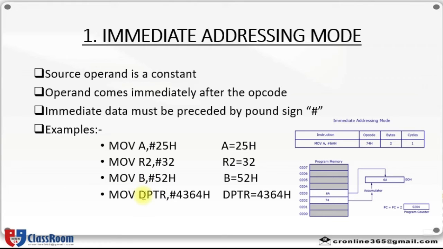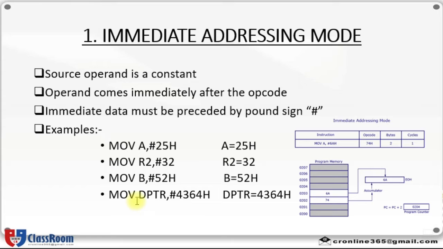Then DPTR. MOV DPTR, #4364H. DPTR is 16-bit wide, so DPTR can hold a 16-bit value. How will it be accessed? DPTR is divided into two 8-bit registers, namely DPL and DPH.